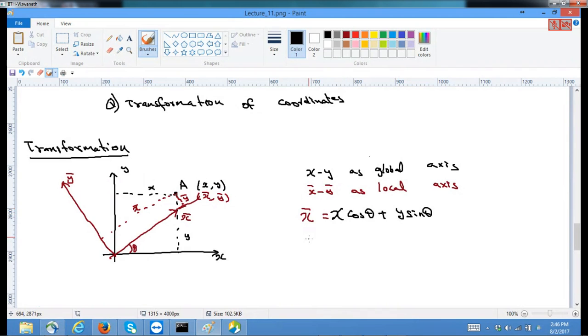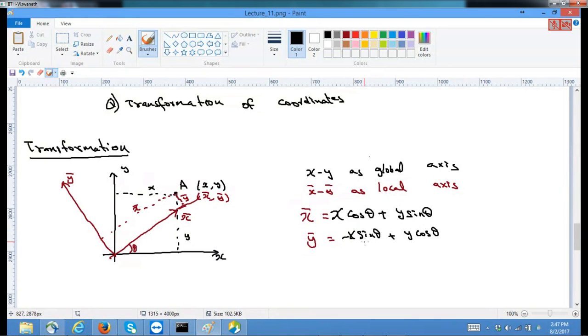Similarly, y bar can be written as minus x sin theta plus y cos theta.